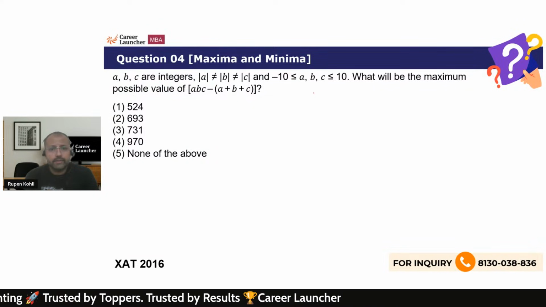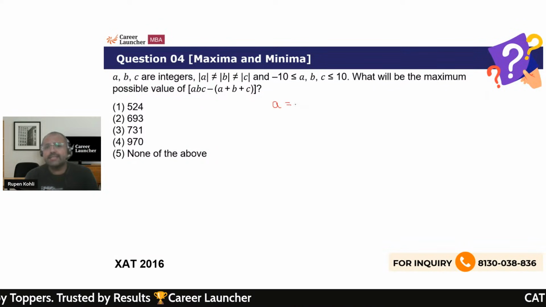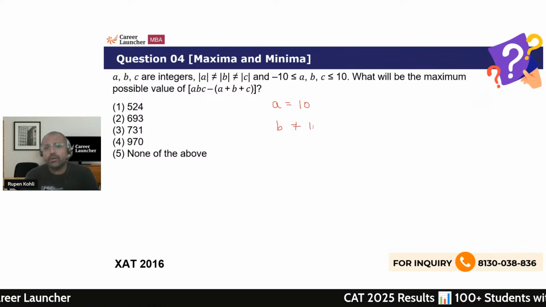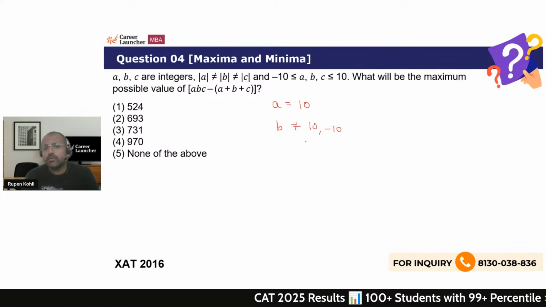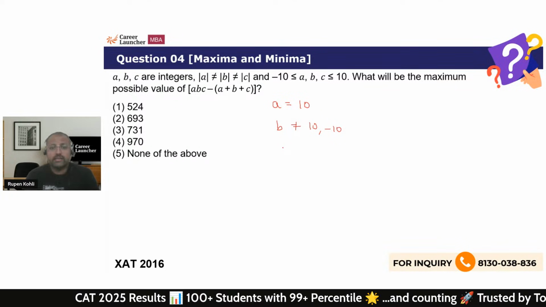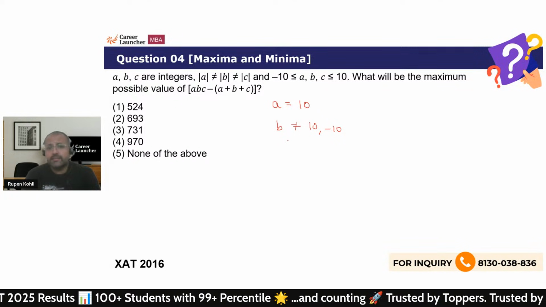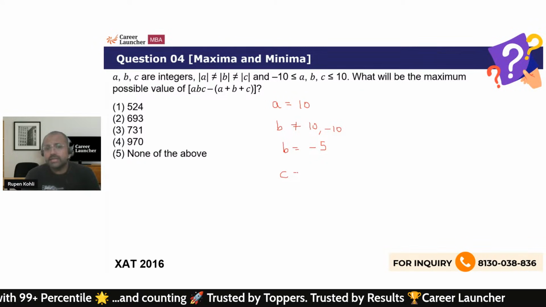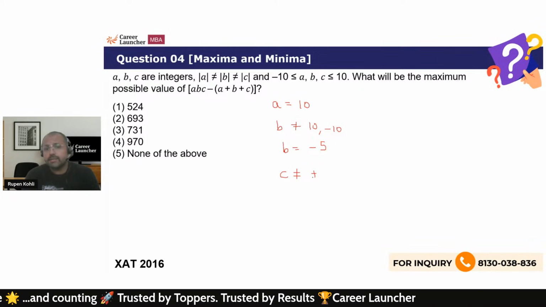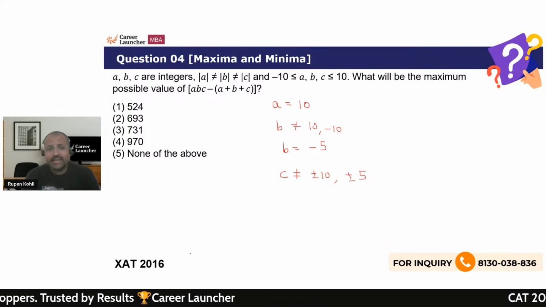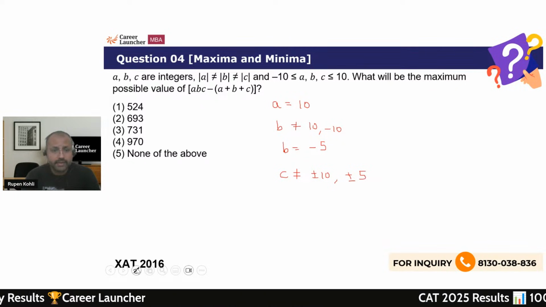For example, if I take A as 10, then B can't be 10 or -10. None of them is allowed. B can be anything except 10 and -10. Let's say I take B as -5. Now C can't be either plus or minus 10 and can't even be plus or minus 5. So that kind of constraint we have over here, right?